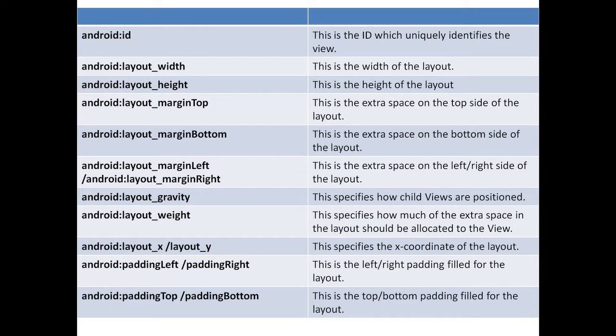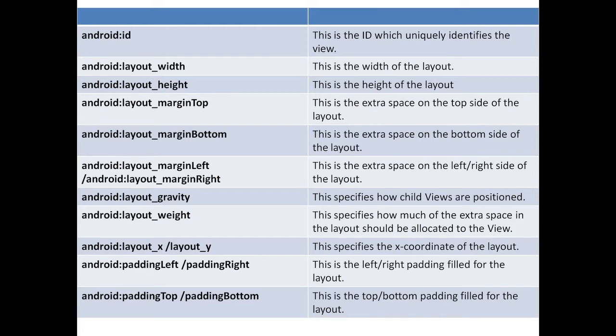Layout gravity specifies how child views are positioned. If you want to position your child view at left side of the root layout, you can set its layout gravity as left. If you want to position your child to the center of the layout, then you can set the attribute layout gravity as center.